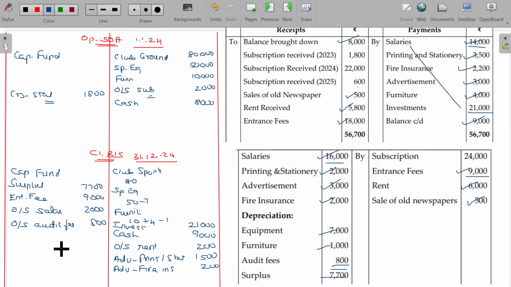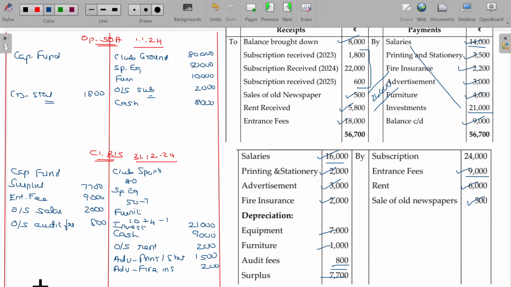Now let's get back to subscription. In case of subscription, the total receipts for subscription being how much? Come on. 1,800, 22,000 plus 600, 24,400. Am I right? 24,400. Clear? Right.